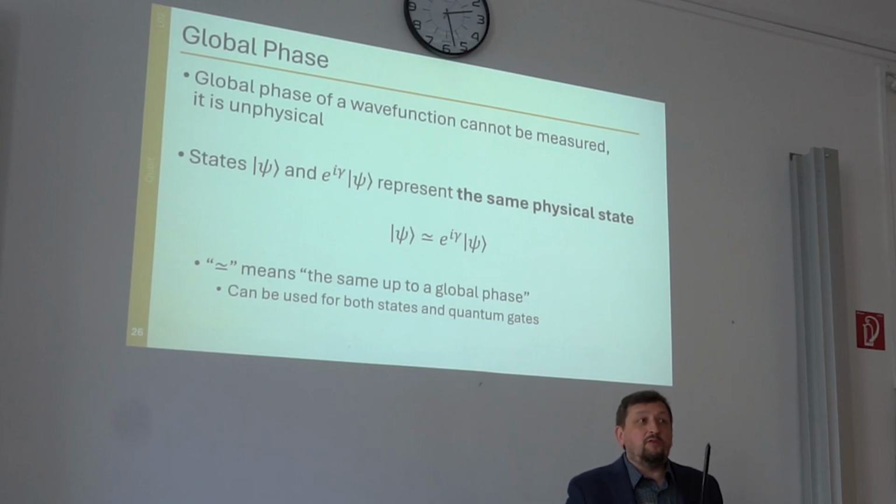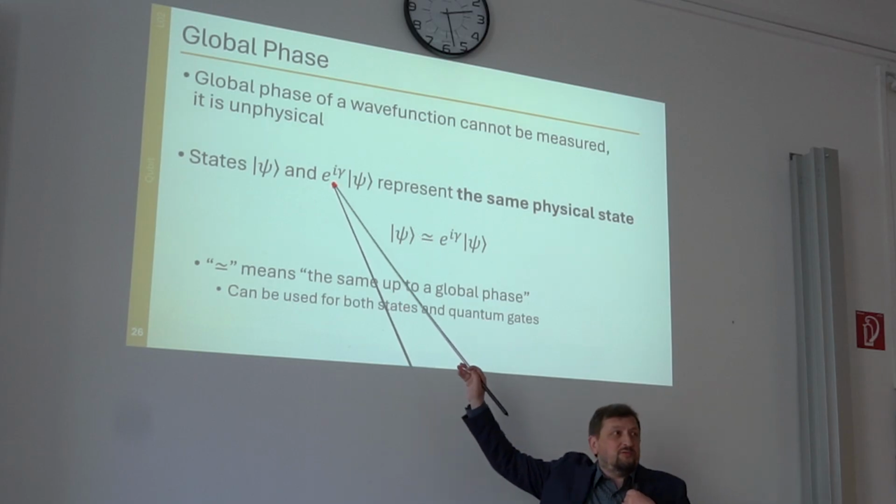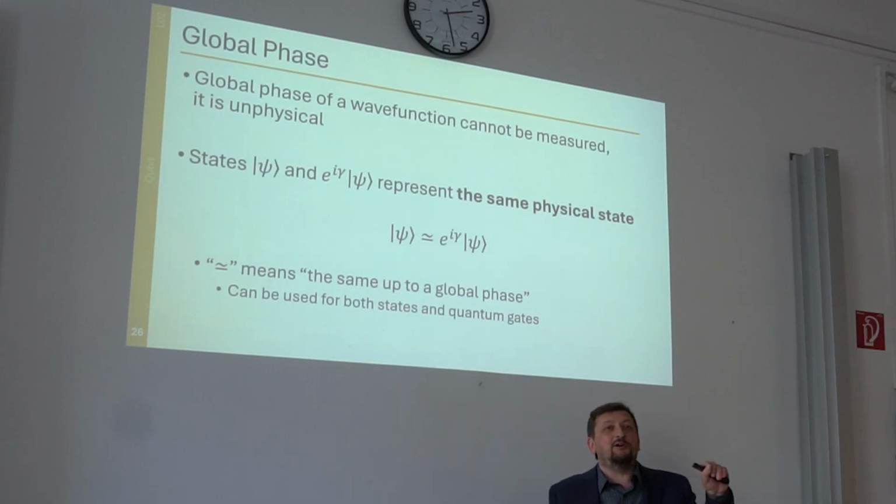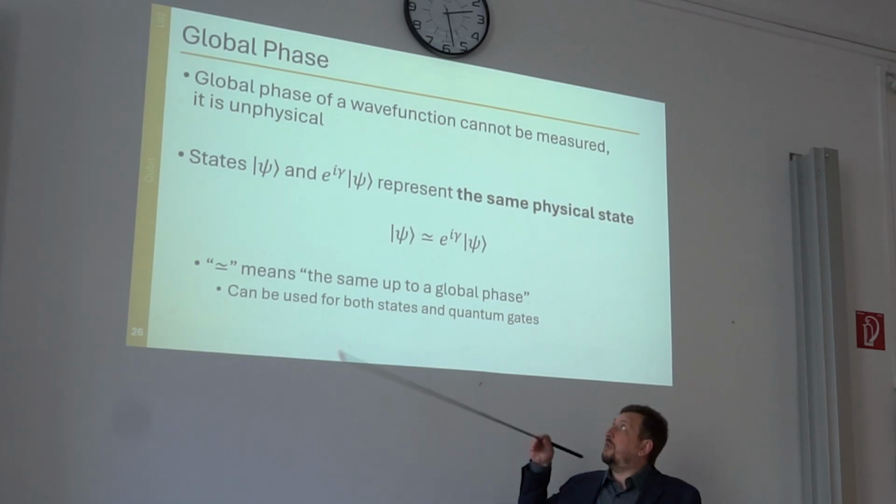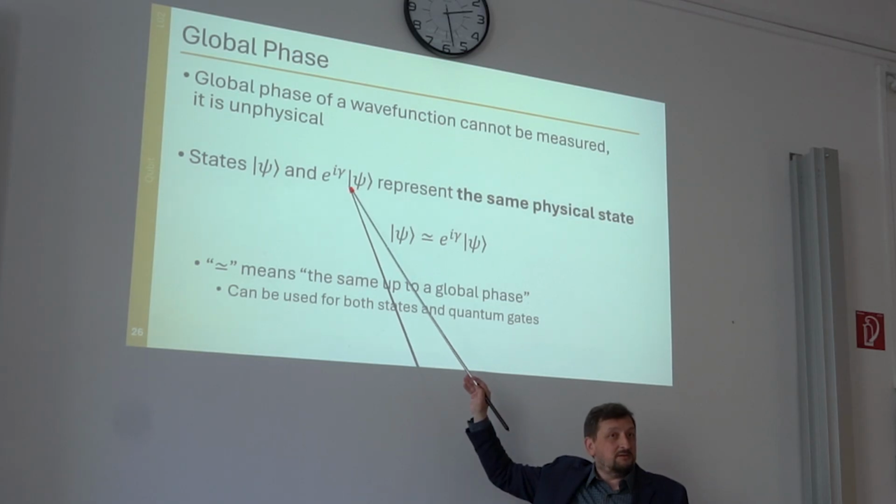It's just our mathematics. Well, we use complex numbers, so we can put a global phase here. We have zero experimental evidence that this phase is real. So mathematically, this is a different state.